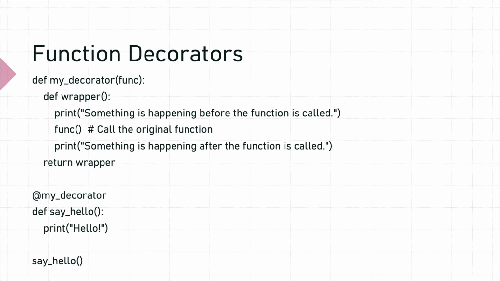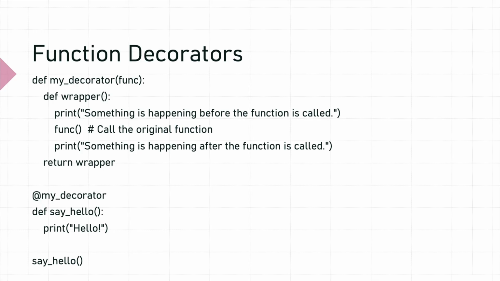Here's a straightforward example. In this example, my_decorator is a decorator. It takes a function, func, and returns a new function, wrapper, which adds some behavior before and after calling the original function. So here we see a simple function called say_hello that just prints the word hello with an exclamation mark.